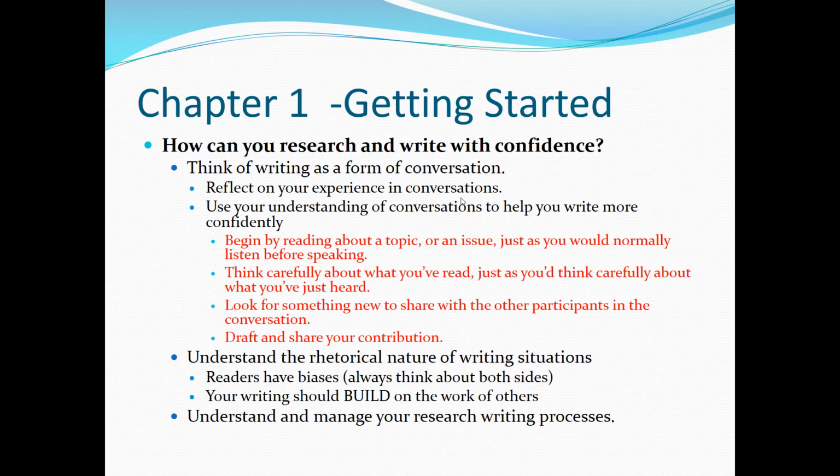So you really want to think about the fact that you are always writing and understanding both sides of an argument, because what we're writing in this class is argumentative research papers. You should be thinking about, if you're making a statement that takes one side, you also need to understand fully the other side. And your writing should build on the work of others.